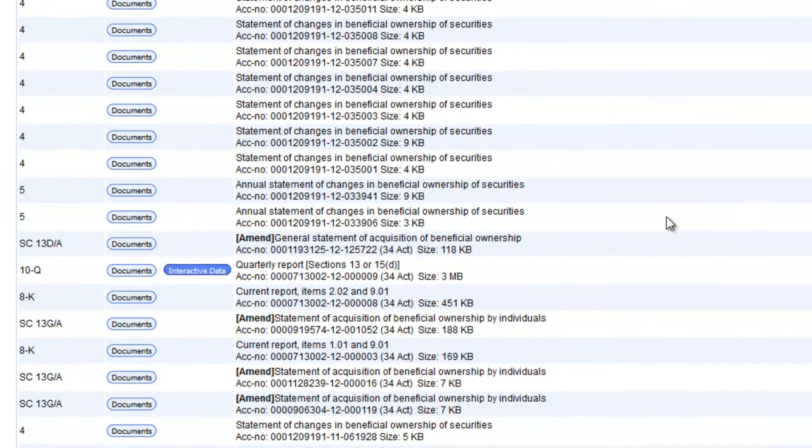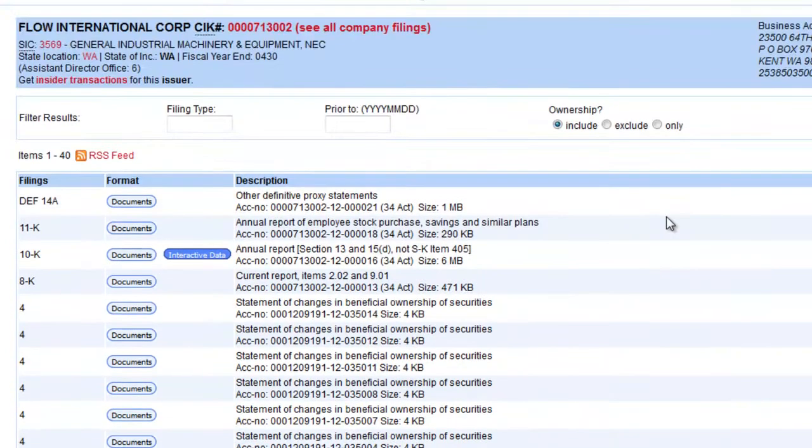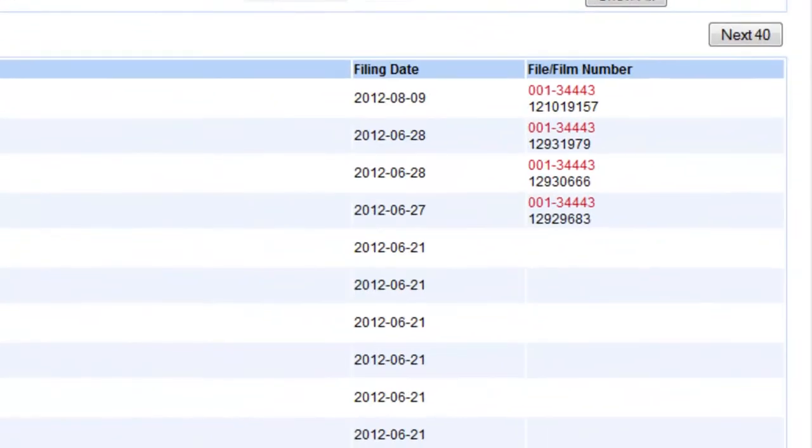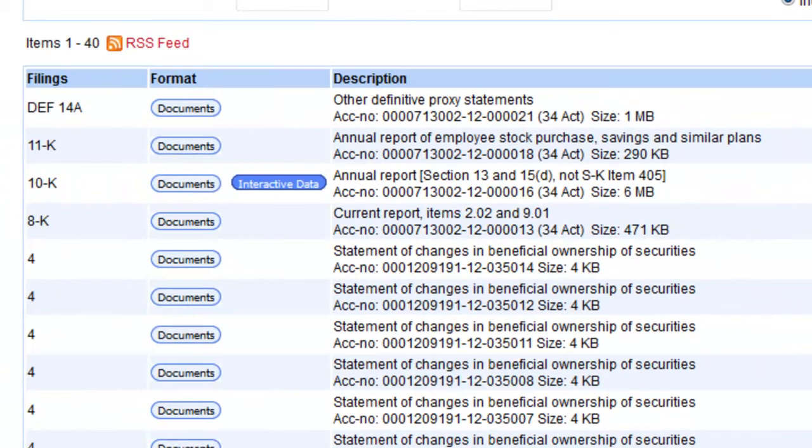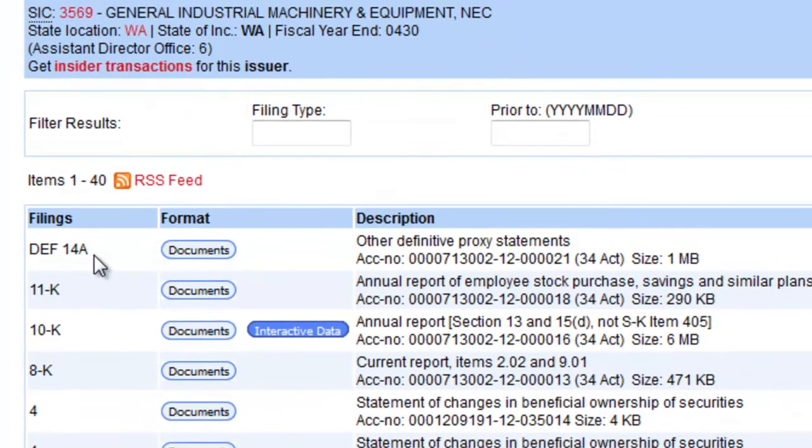Then down below we have 10Q, which is the quarterly report, and many other forms. All the forms are sorted by date with the most recent filing on top. And in this example, the most recent form that was filed was DF 14A. Anytime you see A behind a form, it means amended.